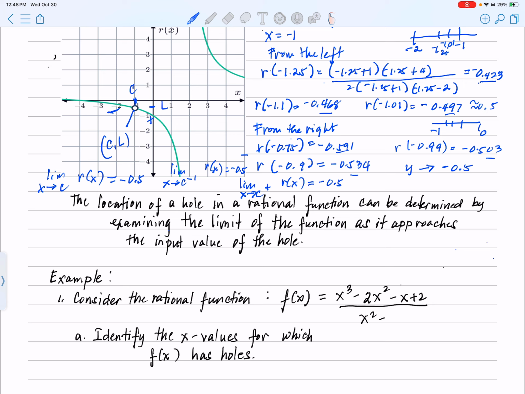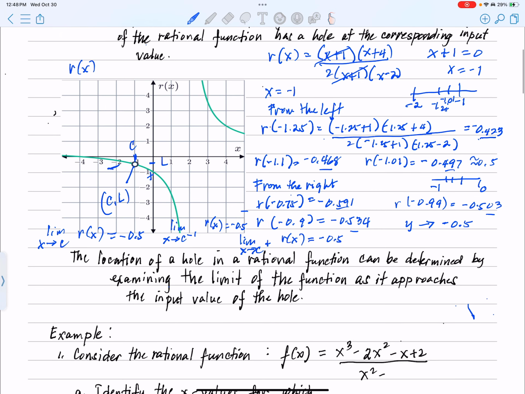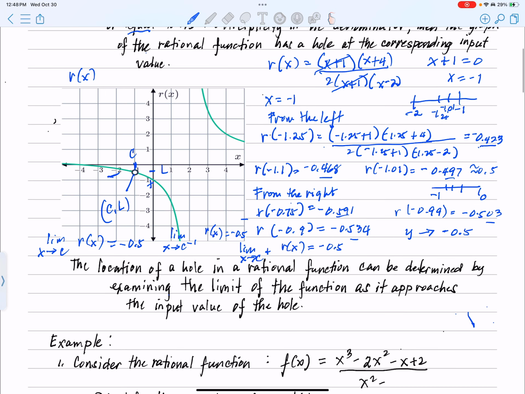That is what's going to happen if you are asked to find the coordinates of the location of the hole. Now, in this case, if we are just looking at the graph, we could tell right away where the location is.